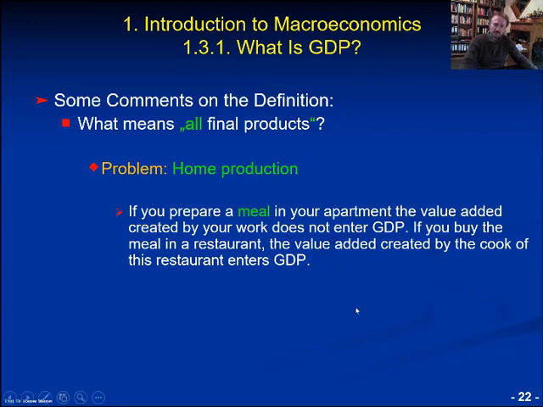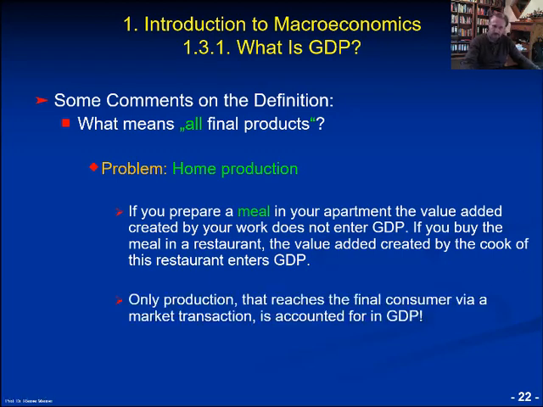The problem this example reveals is that statistical offices are informed about the sales of a restaurant and also the purchase of intermediate products by this restaurant, so they can calculate the value added of the production of this restaurant. But of course, statistical offices are not informed about the production that takes place in your apartment at home, because this production is not sold over the market. So we have no market transactions. Statistical offices can only measure market transactions.